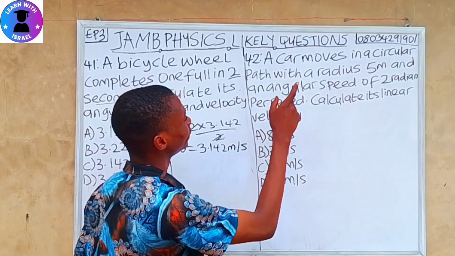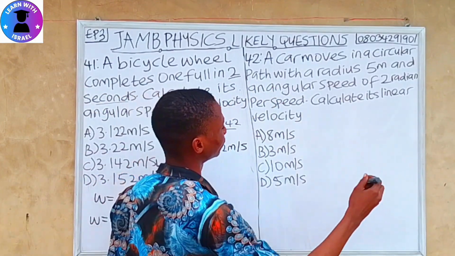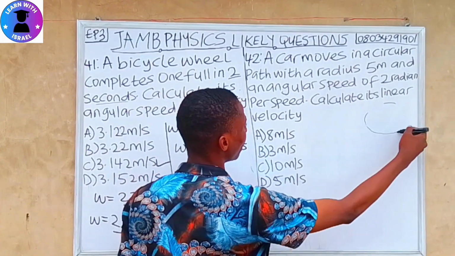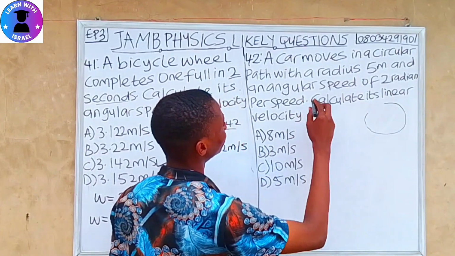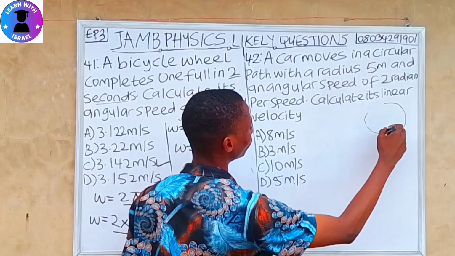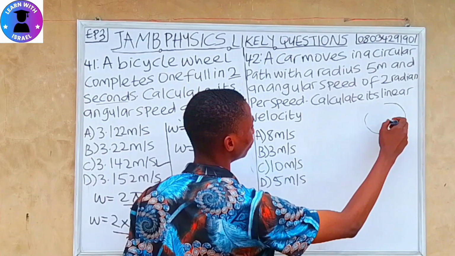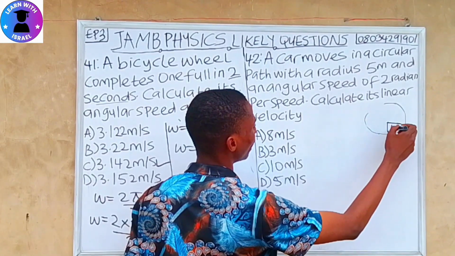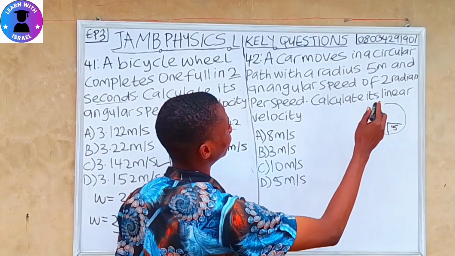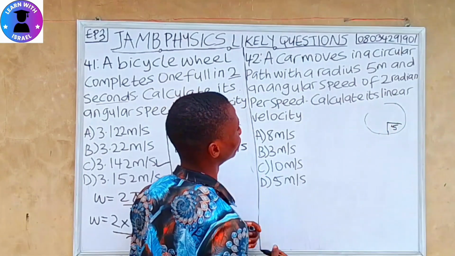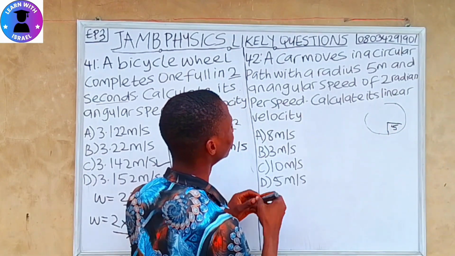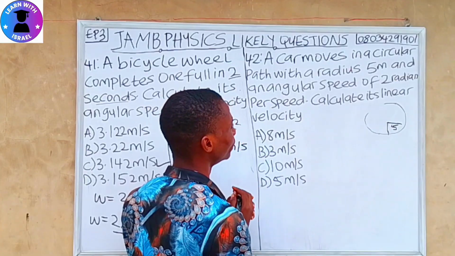Question 42. A car moves in a circular path with a radius of 5 meters and angular speed of 2 radians. Calculate its linear velocity.